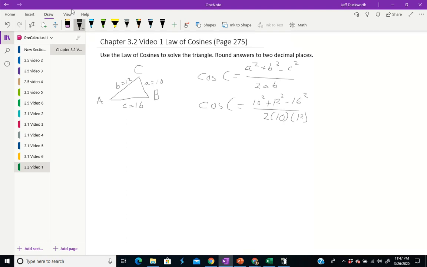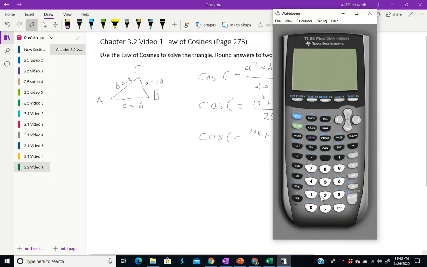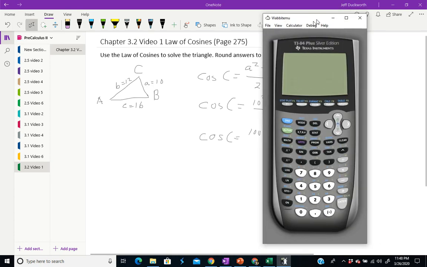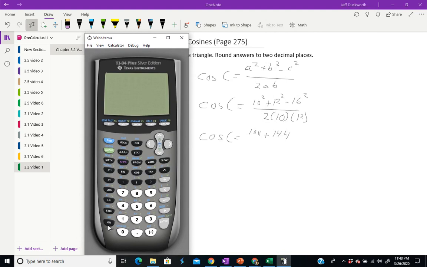So let's fill in the numbers that we can before we have to grab a calculator. So 10 squared is 100, 12 squared is 144, and 16 squared is, I think it's 236, but let's check that one. 256, excuse me.